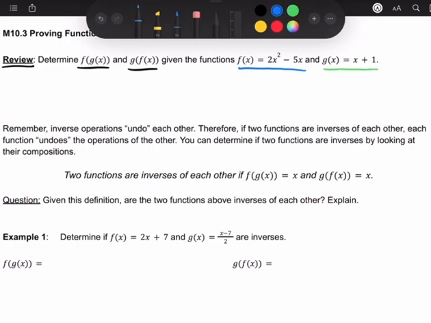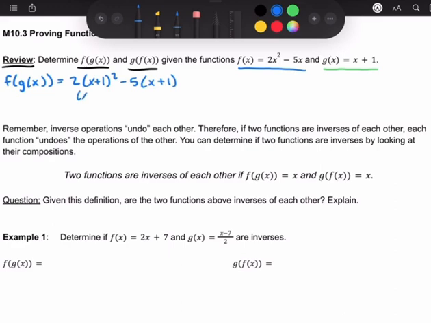So let's first find our composite function f of g of x. To do this, we're just going to plug the entire function of g of x into anywhere in f where there is an x. Doing this, we get 2 times (x plus 1) squared minus 5 times (x plus 1).